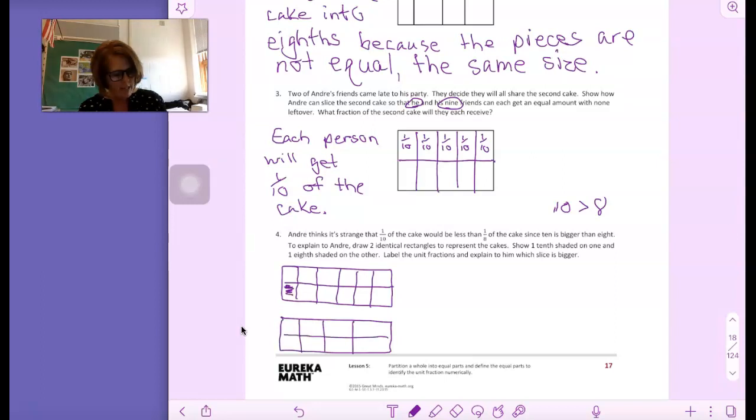And we're going to shade 1/10 here. And 1/8 at the bottom one. And you can see slightly, it's really hard when you're drawing freehand, but slightly, the 1/8 is larger than the 1/10. Why is that?